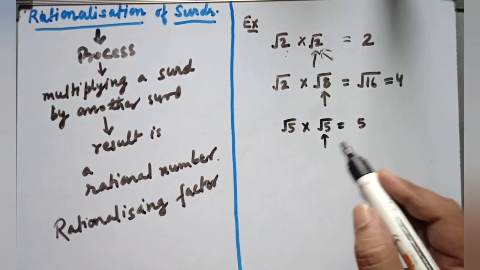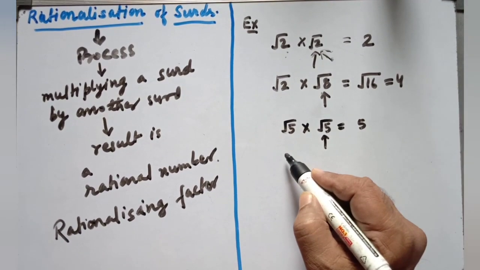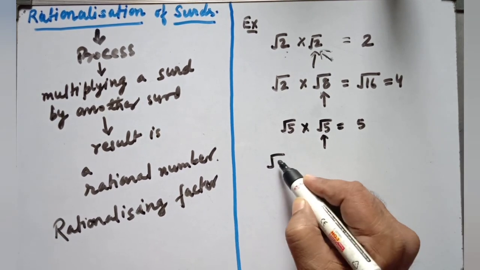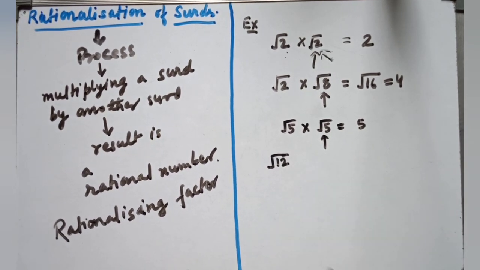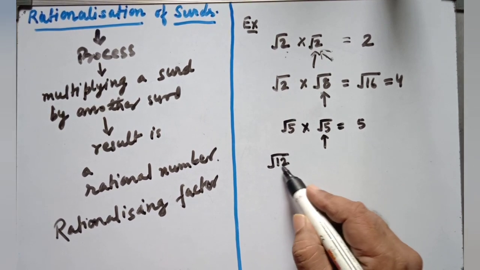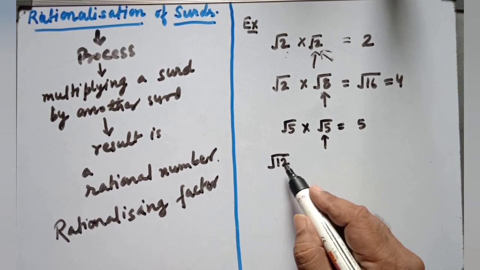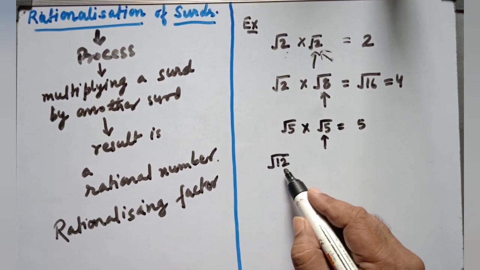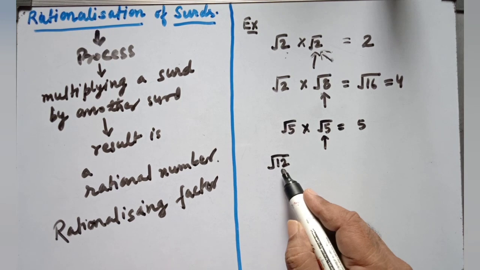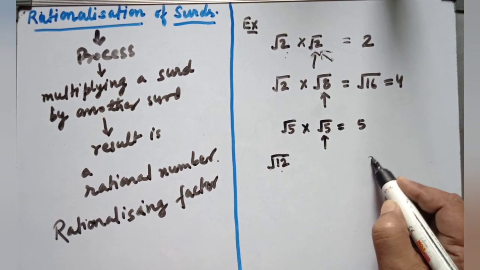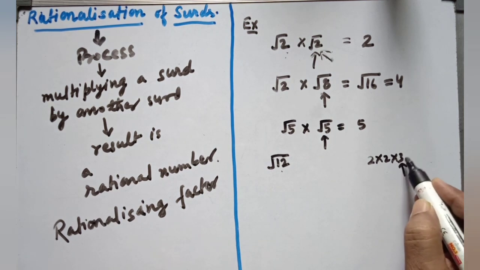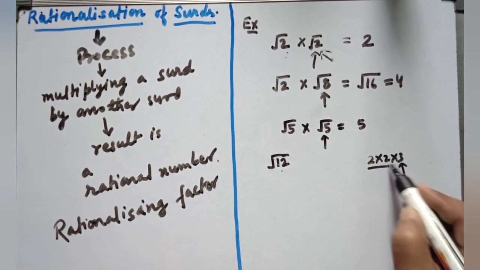Okay, so all these are monomials. Suppose I take root 12. Now you see how to find the rationalizing factor. You see what the factors of 12 are, and which one does not have any pair, that will help us find the rationalizing factor. Root 12 is 2 into 2 into 3. So 3 is one factor, and these two 2s become one pair.